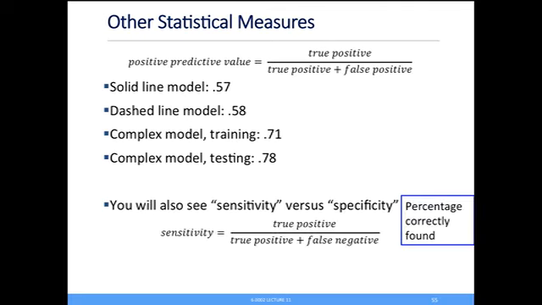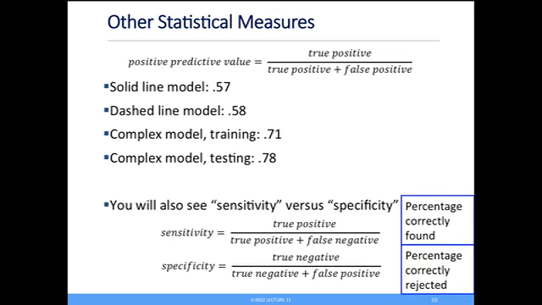And finally, two other examples are called sensitivity and specificity. Sensitivity basically tells you what percentage did I correctly find, and specificity says what percentage did I correctly reject. And I show you this because this is where the trade-off comes in. Sensitivity is how many did I correctly label out of those that I both correctly labeled and incorrectly labeled as being negative.